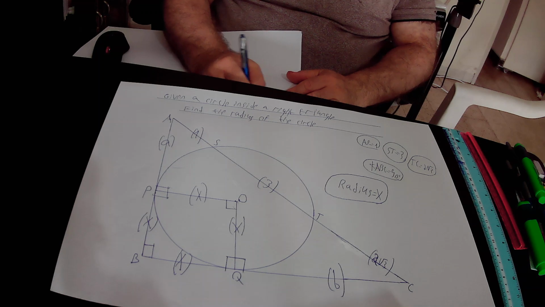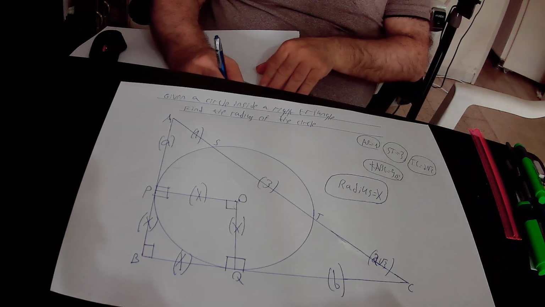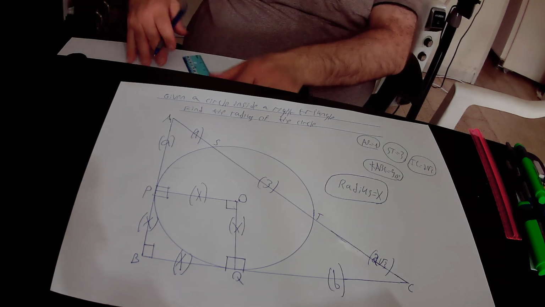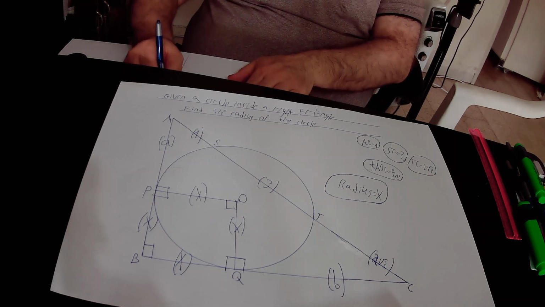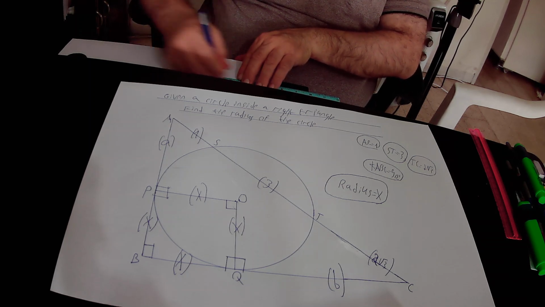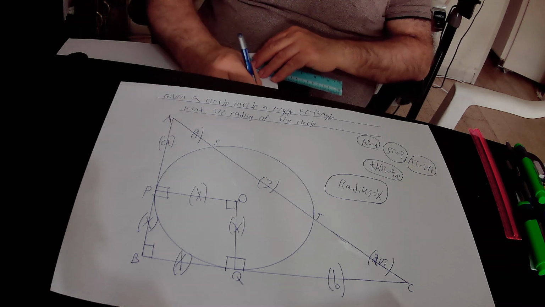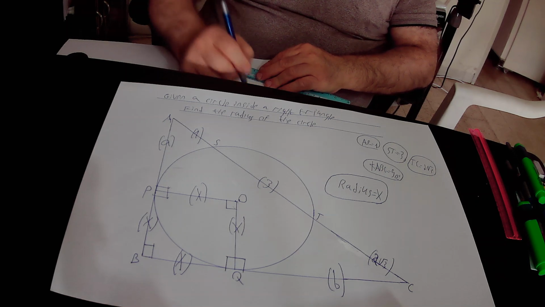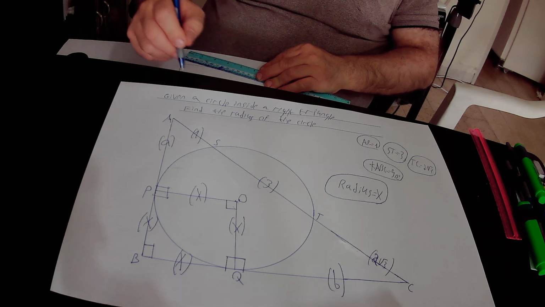According to rule 10, the following equation will be true: AP squared equals AS times AT.